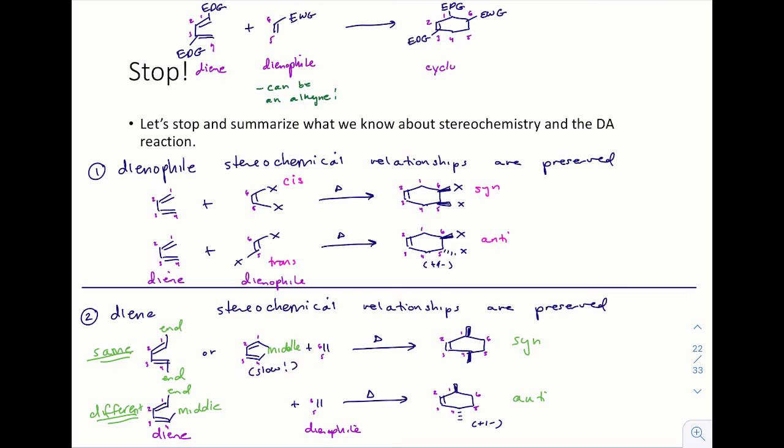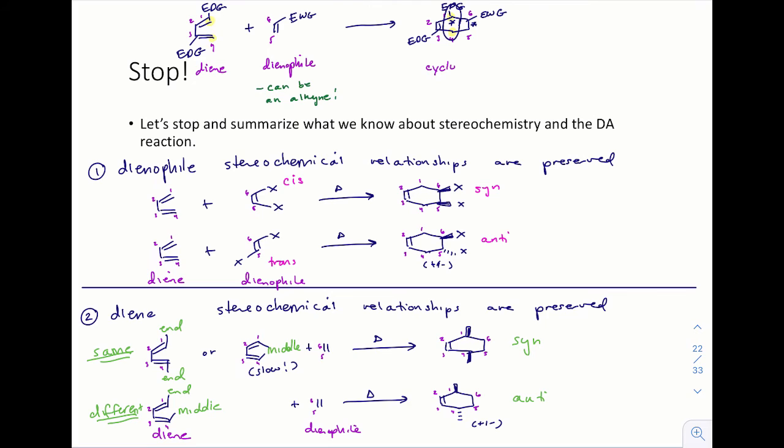However, when it is an alkene, those carbons of the alkene will become sp3 hybridized in the product, and if there is an electron withdrawing group on either carbon, it will become a stereocenter. Similarly, if carbons 1 or 4 of the diene possess a substituent, they too might also become stereocenters.